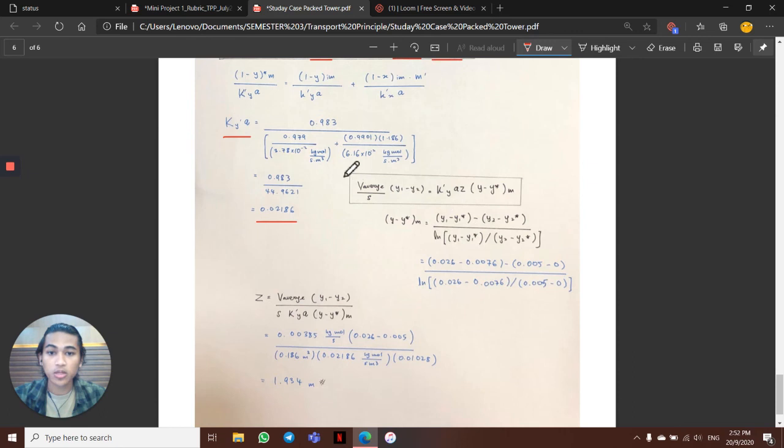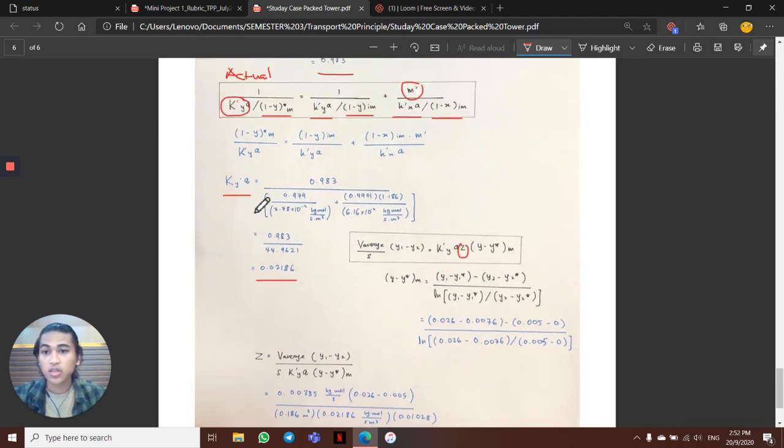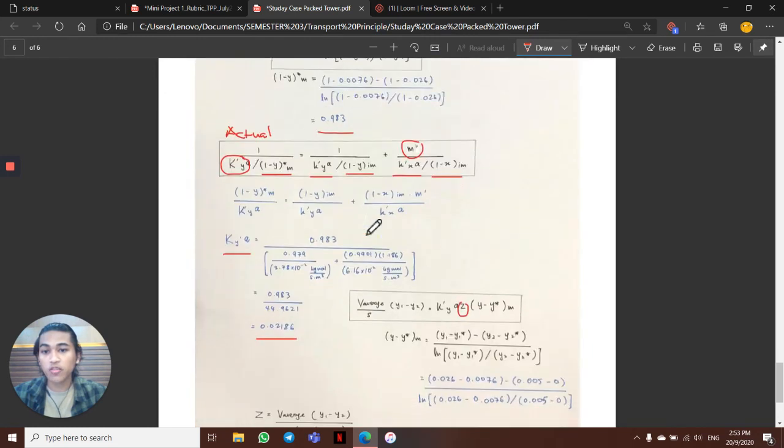And this formula, V average over S, is to find the height for the capital K coefficient. So this is the capital K. We don't have the capital K. We only have the small k prime. But now we have to find the capital K. In order to find the capital K, we have to use the two formulas to derive.